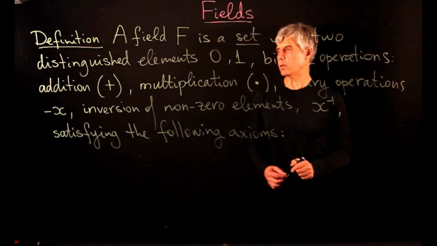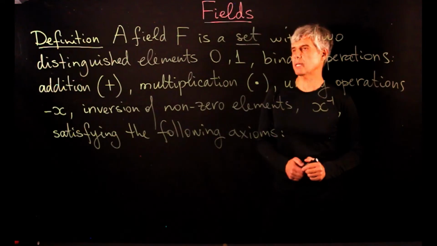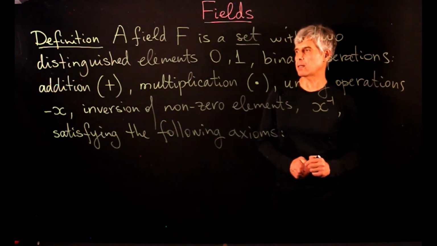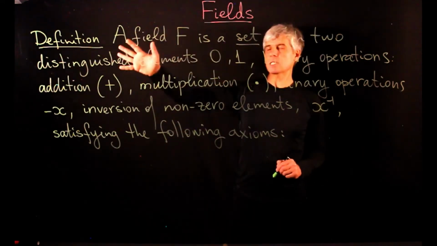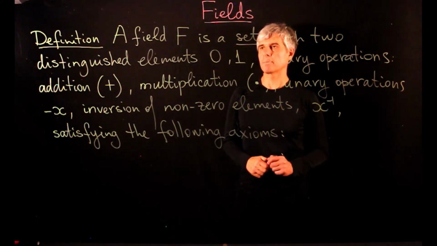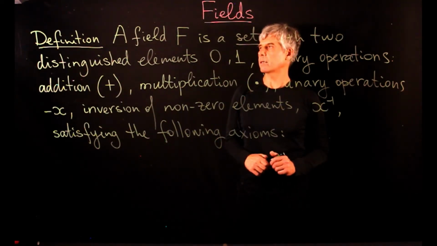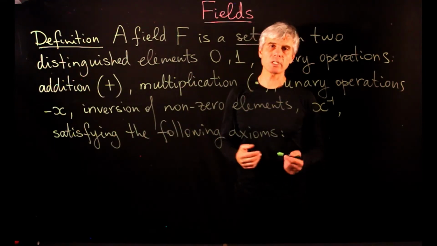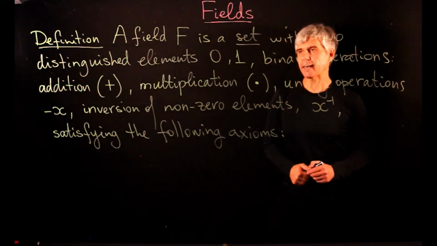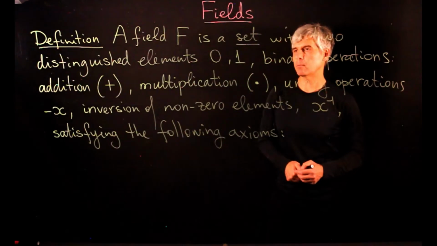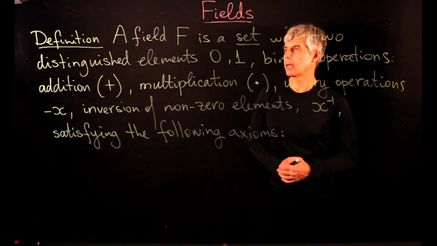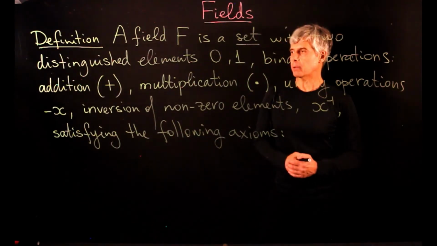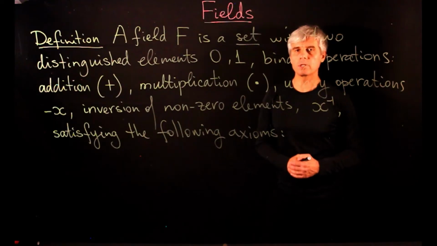Okay, so before we give the list of axioms, let's discuss this a little bit. This is our first definition in this course, and in this definition, we use the concept of a set. So what's a set? A set is a collection of any sort of objects. Further in this course, we give many more definitions.